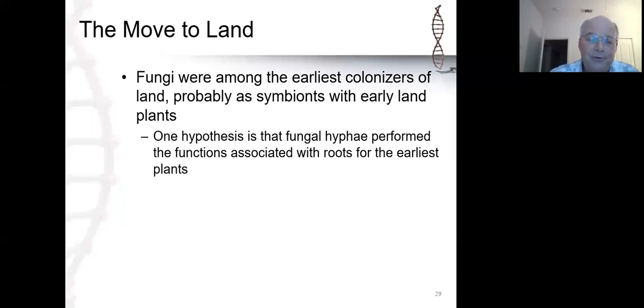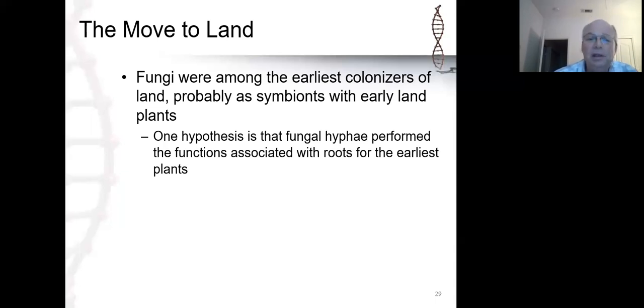They do have rhizoids, which are extensions of epidermal cells that penetrate into the substrate and allow them to anchor themselves, and to some degree can provide a way of capturing water and some nutrients.